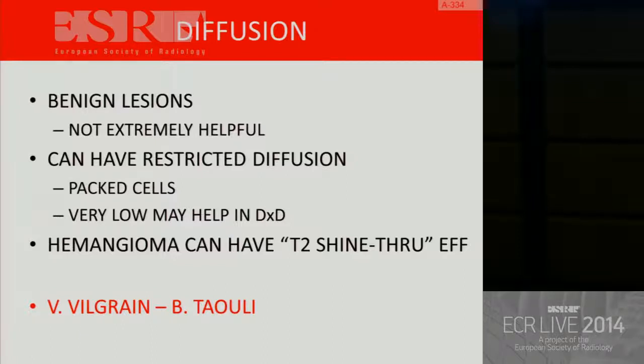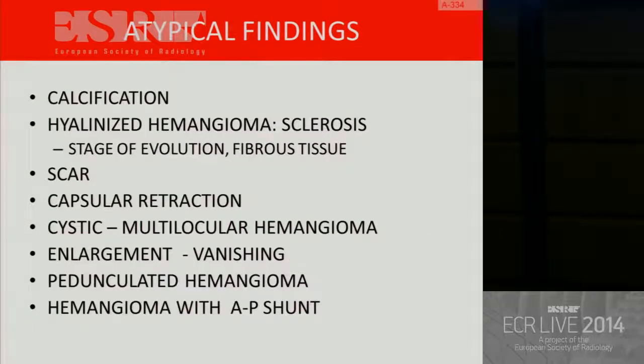But just remember that benign lesions can also have some form of restriction. So this is extremely important. And in hemangiomas, we see T2 shine-through effect, which means you see it bright on T2, bright on diffusion, and bright on ADC. So this can be helpful for diagnosis. Okay, atypical findings. I will be focusing on the sclerotic hemangiomas.